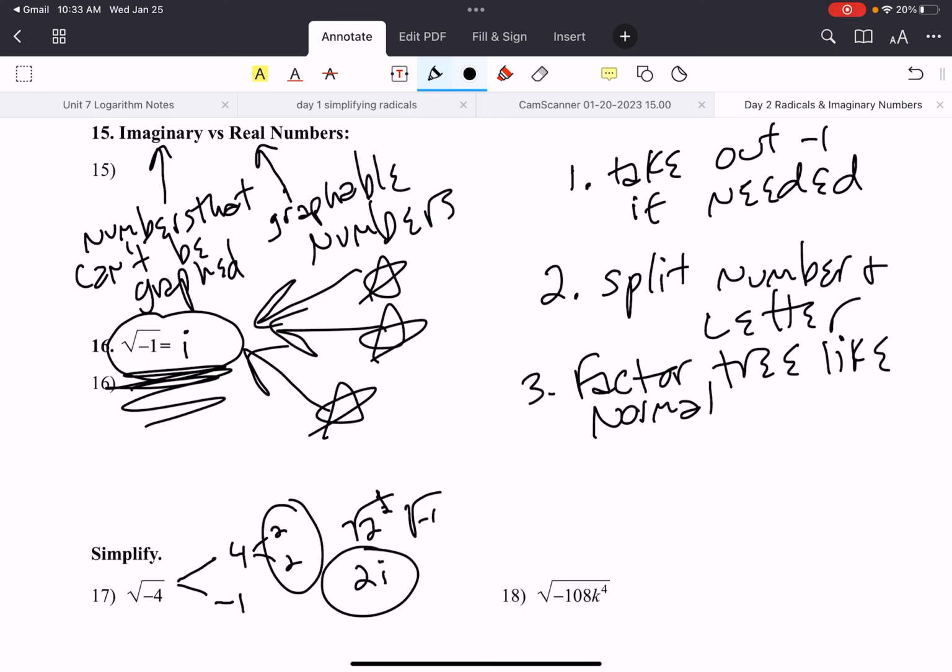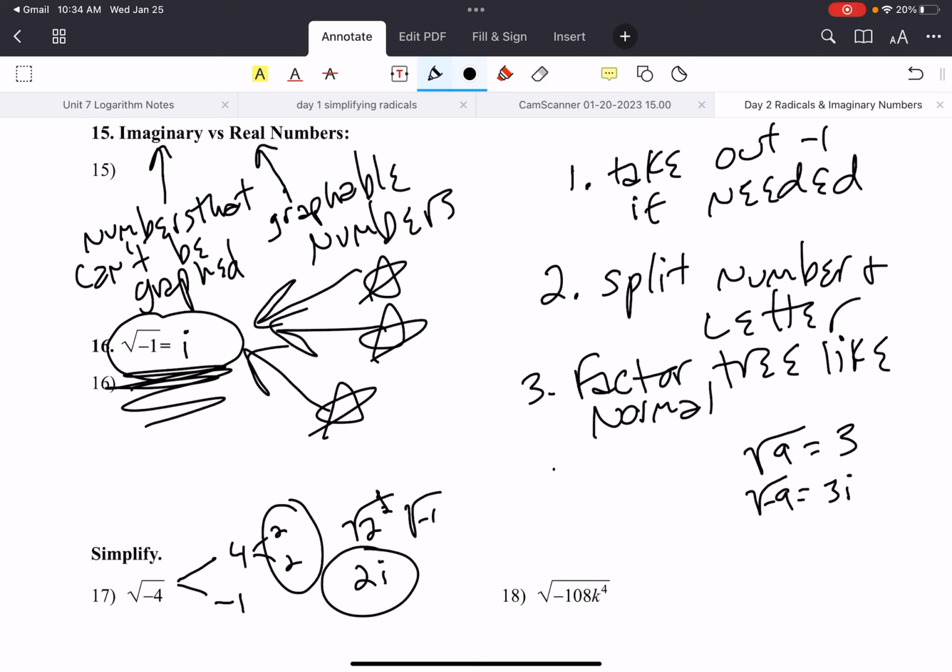Before we do a harder one, I want to do a couple more like this. What is the square root of 9? 3, right? So what do you think the square root of -9 is? Good job. Okay, let's do one more.